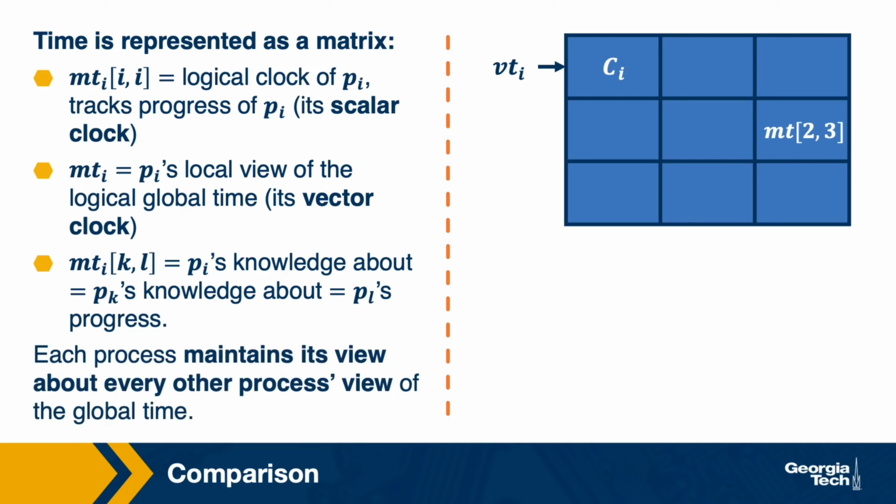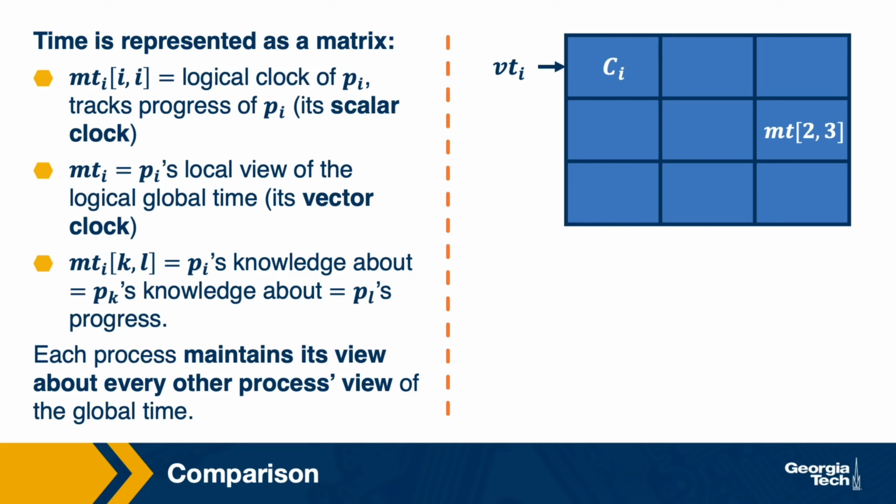In that sense, if a scalar clock maintained only the view of global time for an individual process, the vector clock maintained for each process its view of its own time and its view of the progress of others. Matrix time now also allows a process to maintain its view about every other process's view of how time is progressing in the system.